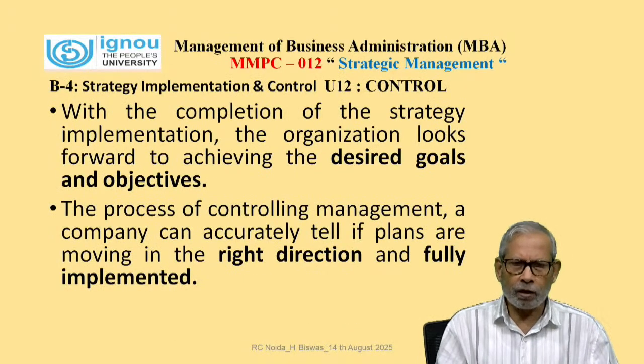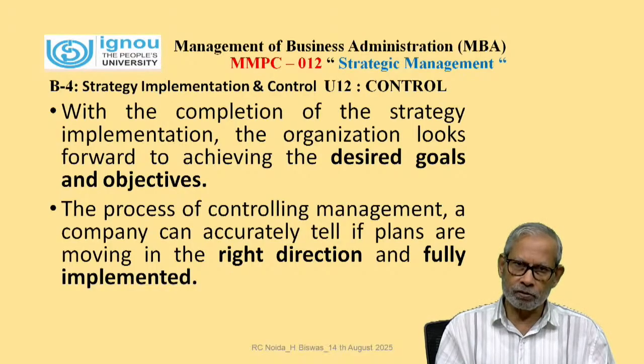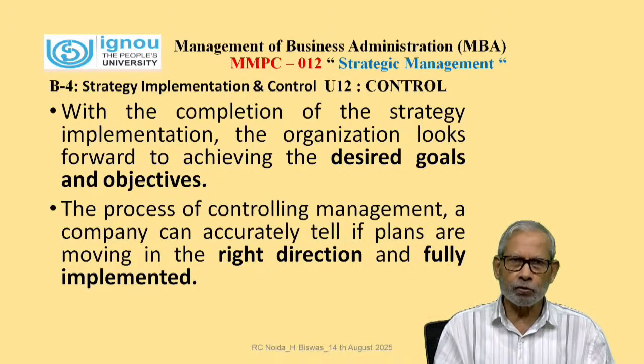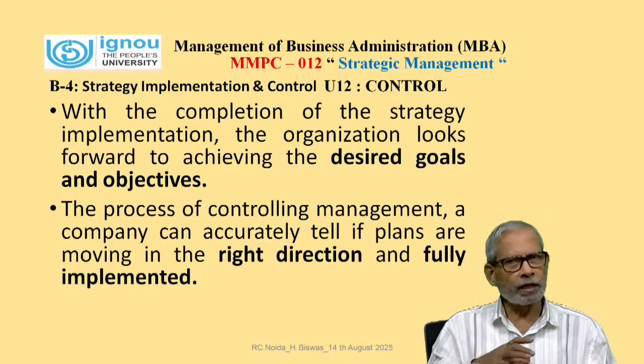Now with the completion of the strategy implementation, the organization looks forward to achieving the desired goals and objectives. That is the true fact. Every company is looking forward to completing as early as possible, within the time frame, so that they can achieve the goals.